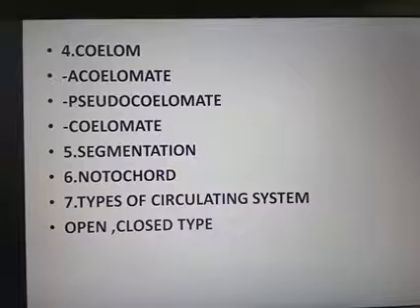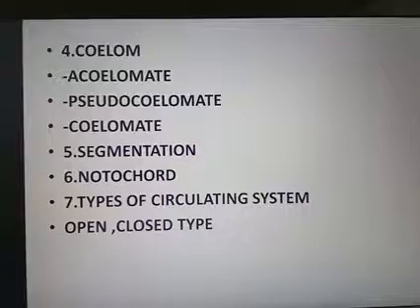In vertebrates, the notochord is replaced by the vertebral column. That's why we have another name: Vertebrata. Animals with notochord are called chordates. We know the animal kingdom is classified into two groups, non-chordata and chordata.